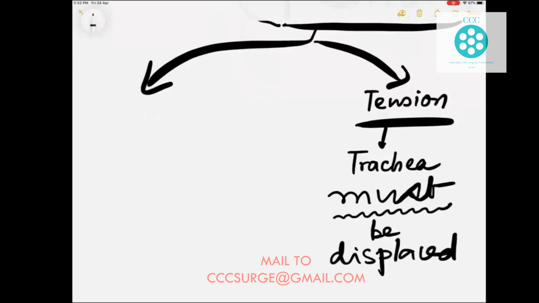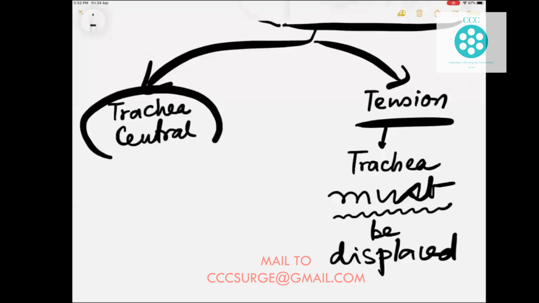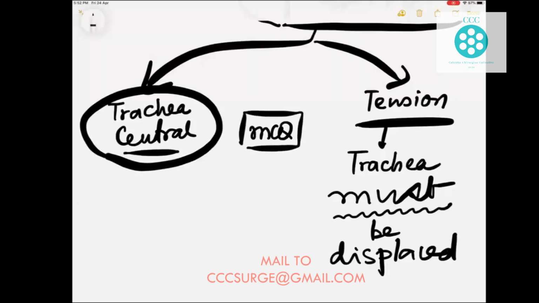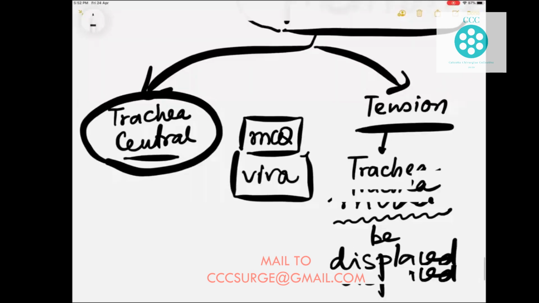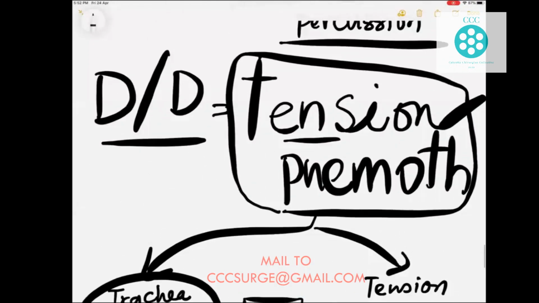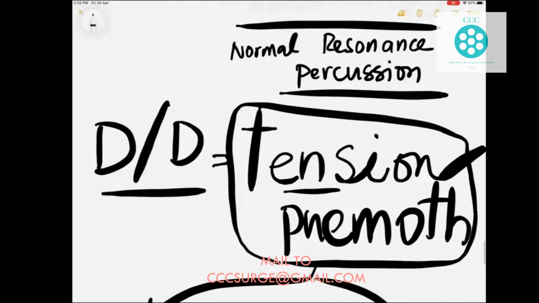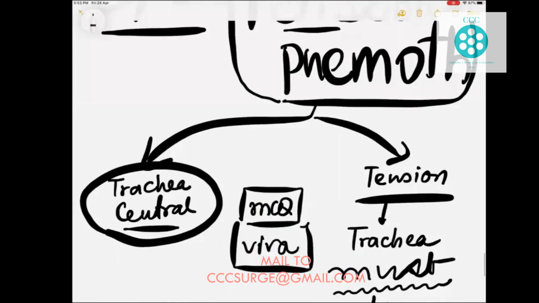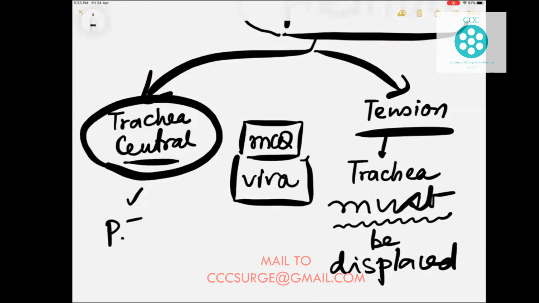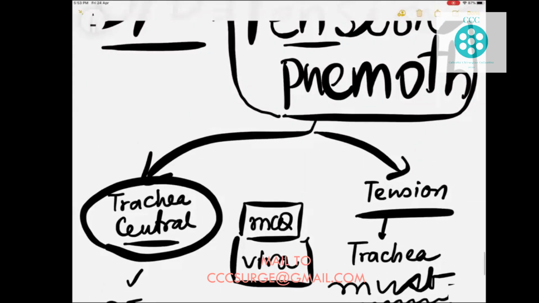Whereas in a pericardial tamponade, the trachea is usually central. This is a very subtle difference, but for an MCQ exam and for a Viva, you are required to remember that. The trachea is deviated in a tension pneumothorax and central in a pericardial tamponade.